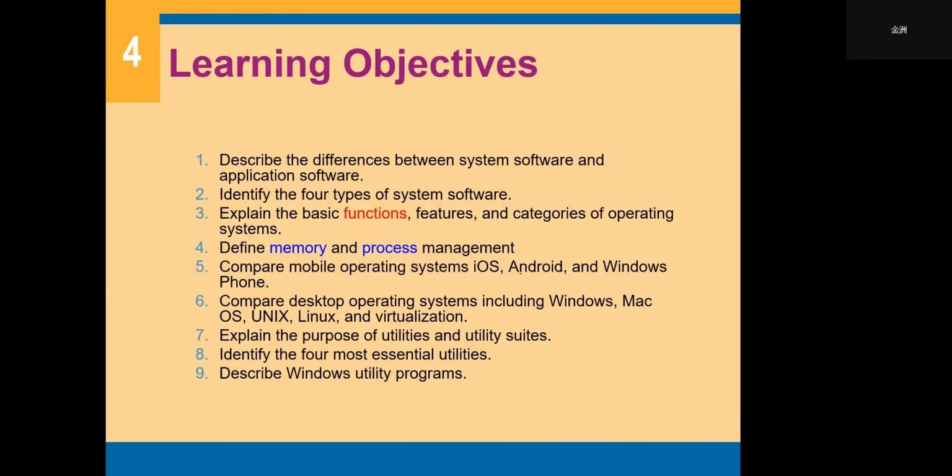So we have several learning objectives. Firstly, you need to know how to describe the difference between the system software and the application software. And then you may be required to identify that there are 4 types of system software. And then you should know how to explain the basic functions, the features and categories of the operating system, and define what is memory management and what is process management.